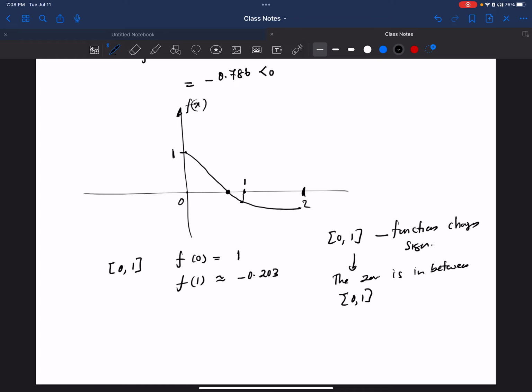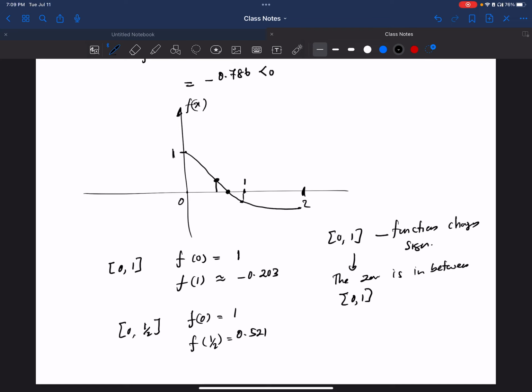Now what do we do? We take 0 to half. So f of 0 is again 1, and f of half is positive. Now when it goes from 0 to half, it doesn't change the sign.